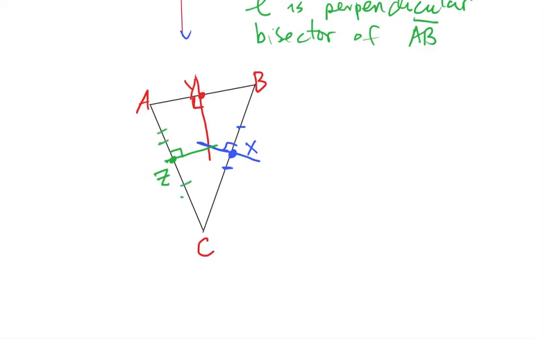So we have perpendicular bisectors, and let's consider what happens when we make these little line segments here. Let's give this point in the middle a big dot right there and call it D.